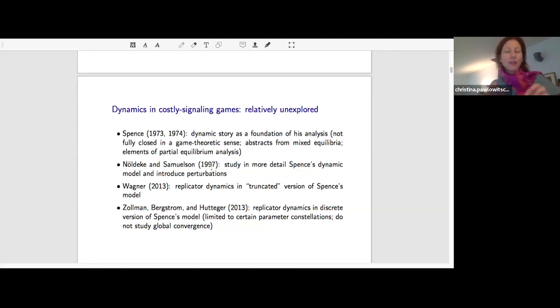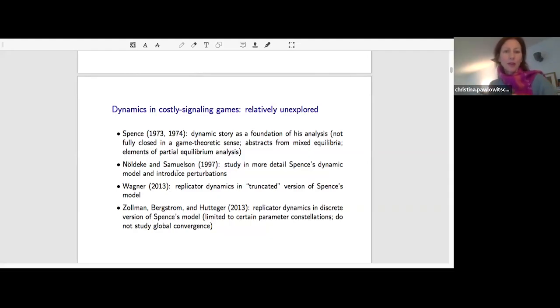It was not really a fully closed game that he has written down. And to justify this equilibrium concept that is more in the spirit of partial equilibrium, he actually uses a dynamic story. So what he tells us in words, but there is no real analysis of the dynamics in his model.